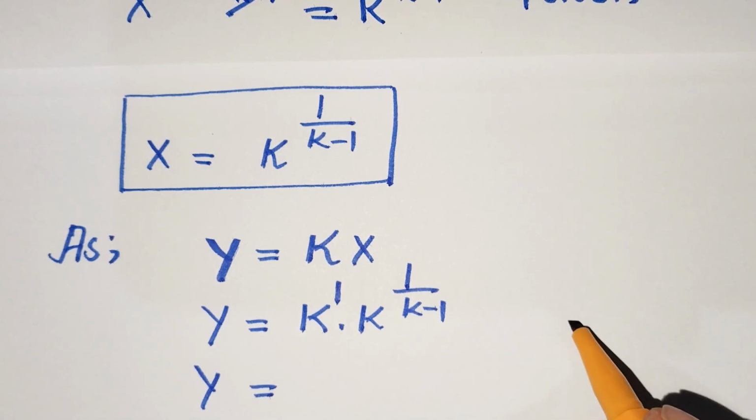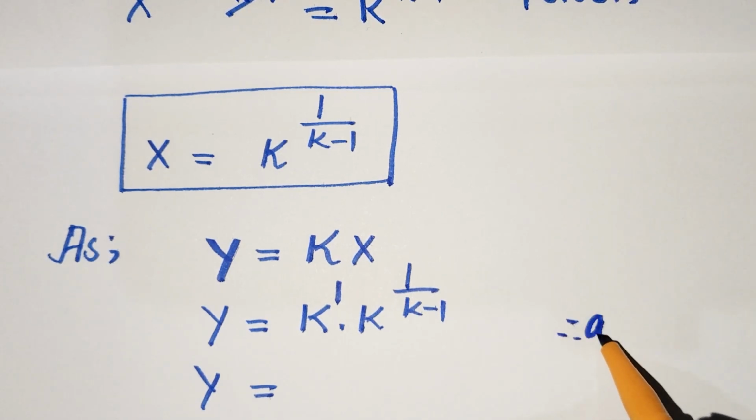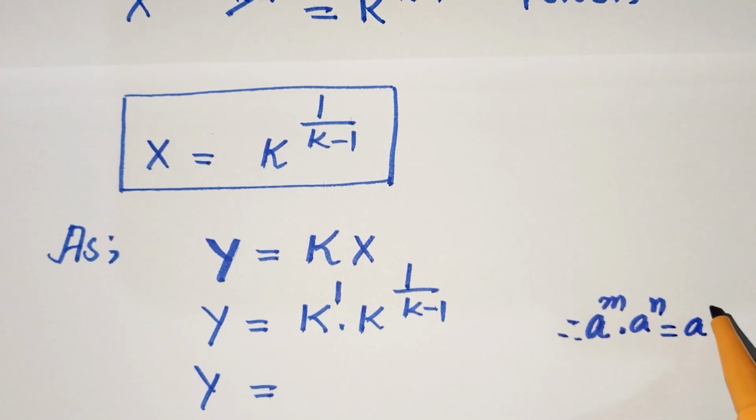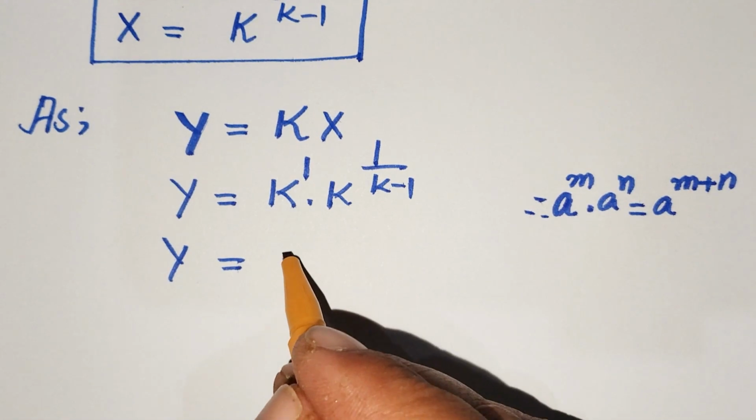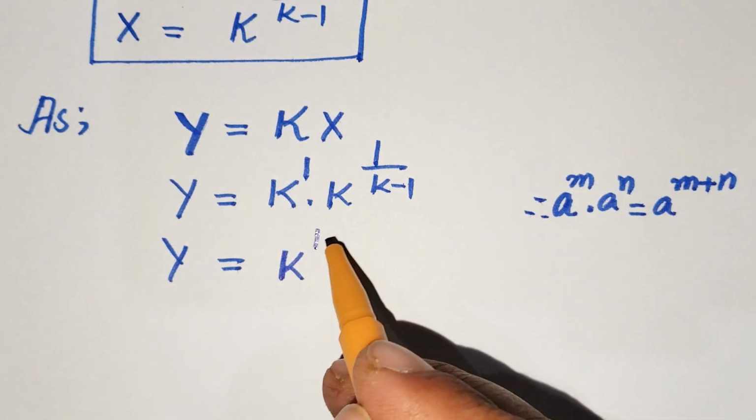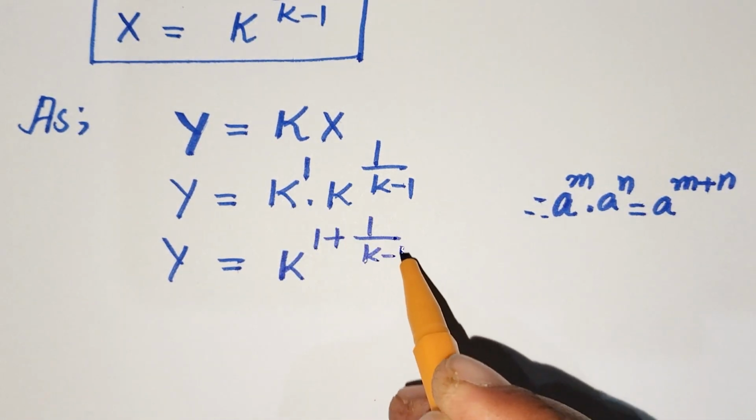The bases are the same, so powers will be added. We know by this exponential identity that a raised to power m times a raised to power n is equal to a raised to power m plus n. So using this identity, we have k raised to the power 1 plus 1 over k minus 1.